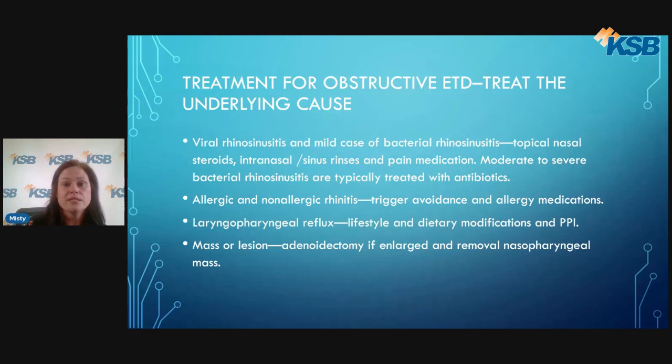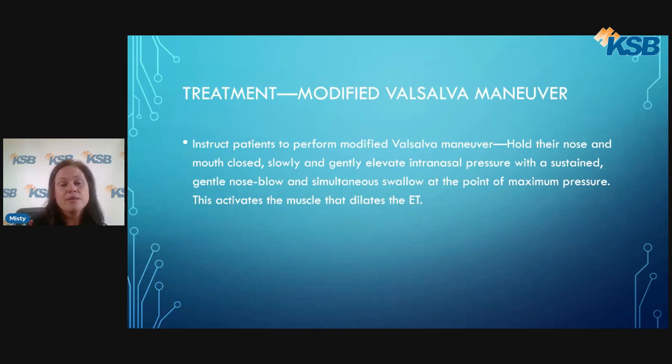nasopharyngeal mass if indicated. The most common treatment that we tell people is to do the modified Valsalva maneuver. How we instruct our patients is by telling them to hold their nose and mouth closed, slowly and gently elevating intranasal pressure with a sustained gentle nose blow.